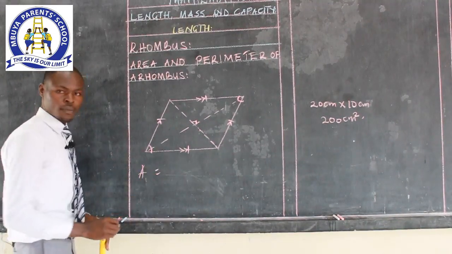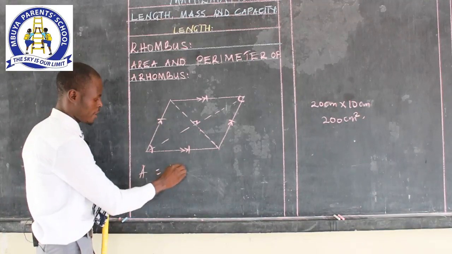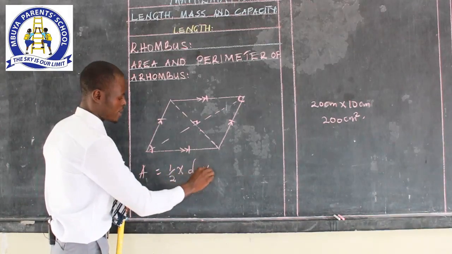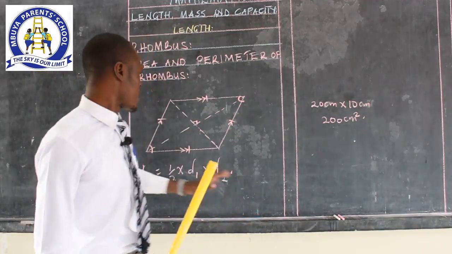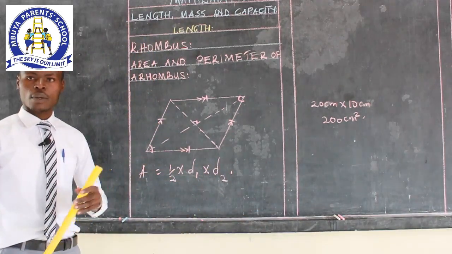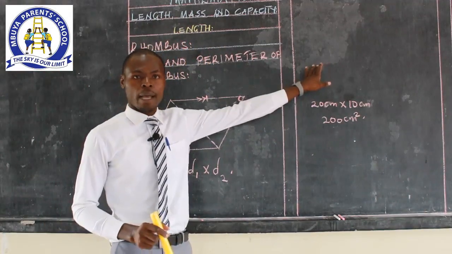One of them, if you want to get the area of a rhombus, we say a half times diagonal 1 times diagonal 2. It is also very important for us to identify these diagonals. This rhombus has two diagonals: the major diagonal and the minor diagonal.